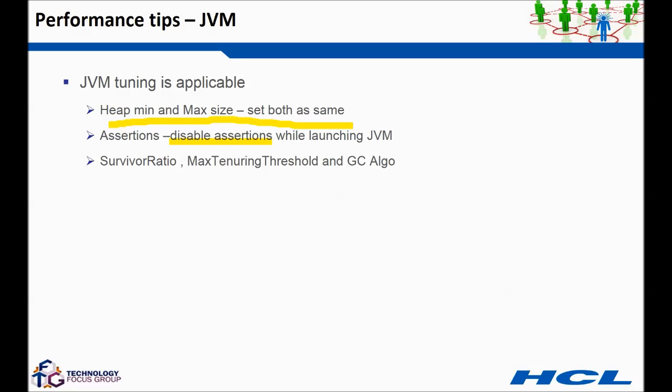Then there are some properties which you pass on the command line which are related to garbage collection: the kind of garbage collection algorithm you want to use, survival ratio and max tenuring threshold. These control how much space in the heap is allocated to objects that survive your garbage collections. You should set these after doing load testing and benchmarking.